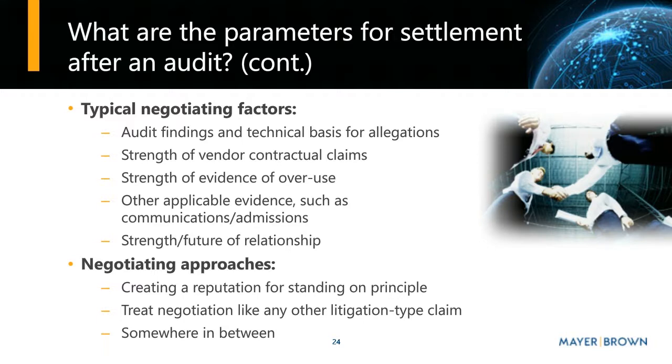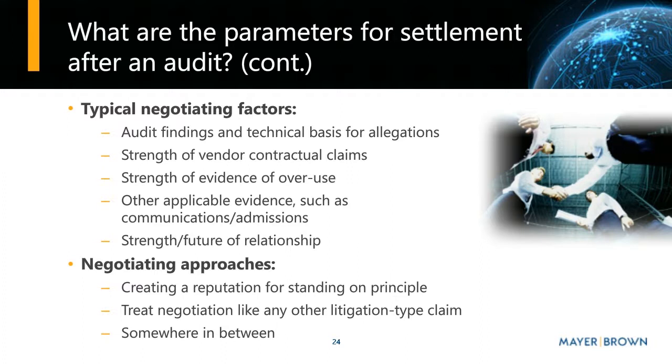A couple different negotiating approaches we wanted to mention. One is simply standing on principle, and I think certainly that's often the first reaction on the licensee side if they've been accused of cheating but feel like they've been acting in good faith. The other approach is to treat it more like any other litigation type claim. You realize it's a cost of doing business. You're not saying you're wrong, but you realize it's not worth taking it.